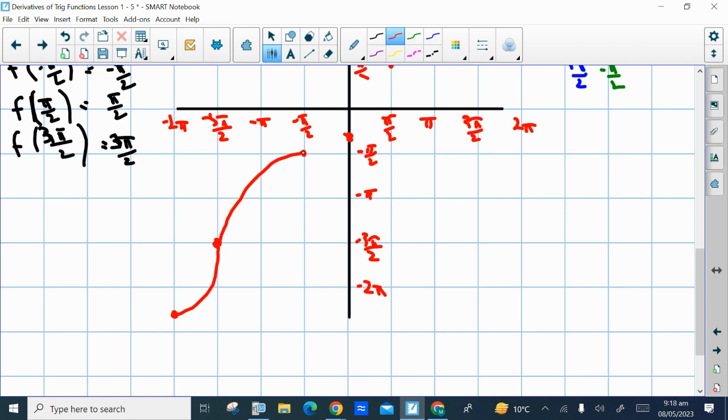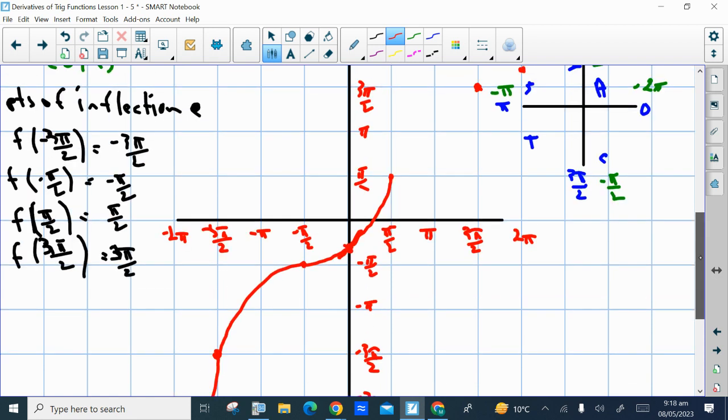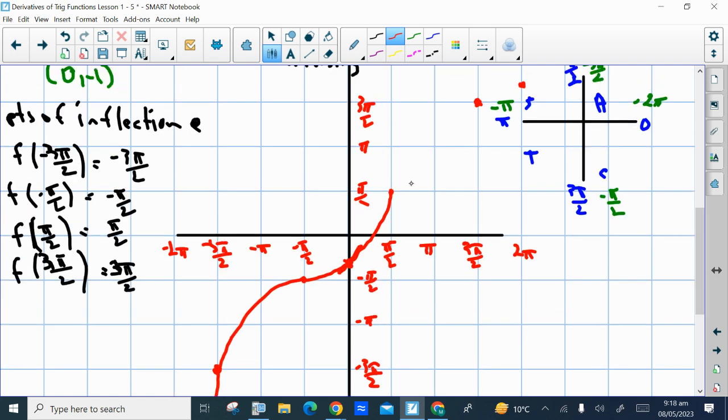Another point of inflection, and we're concave up, and we go through the y-intercept. And like I said, by following all these points, we're going to see approximately where the x-intercept is. Then we go to concave down, then to concave up to finish off. And there's a sketch of that graph.